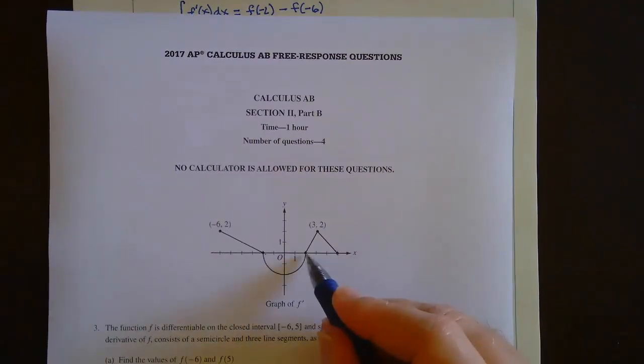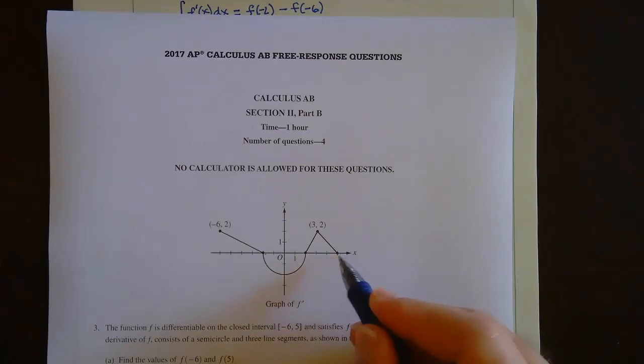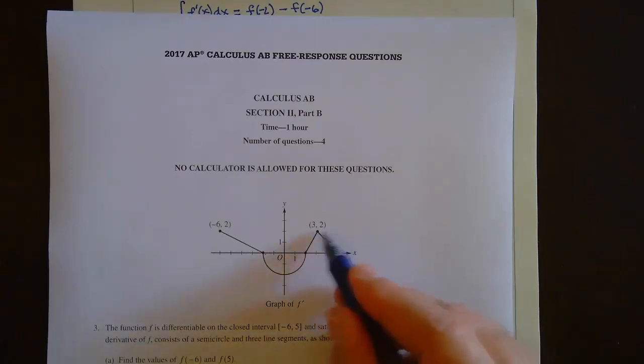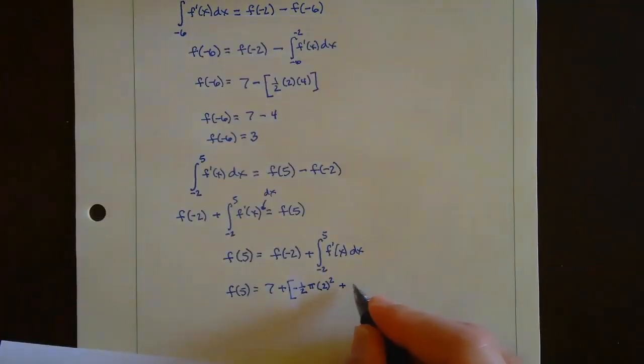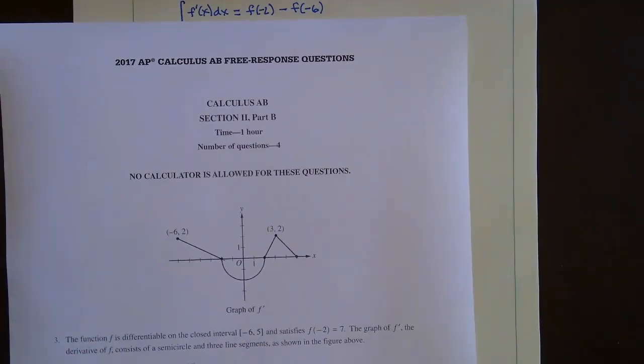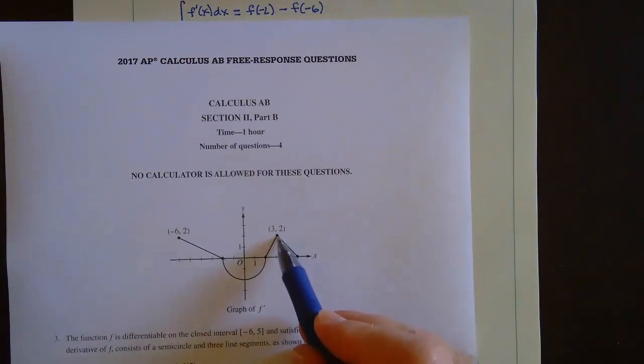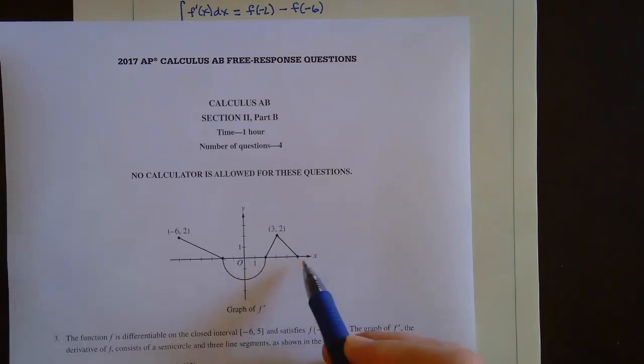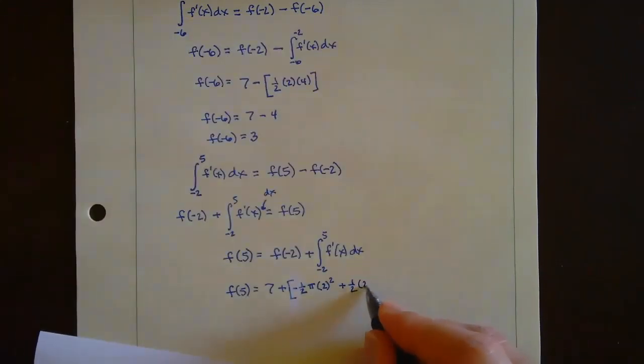Now I want to take care of the integral from 2 to 5. And this is just a triangle. This would be the height right here, and this would be the base. So to this, we're going to want to add 1/2, and this would be 1/2 times 2 times 3. So 1/2 times 2 times 3.